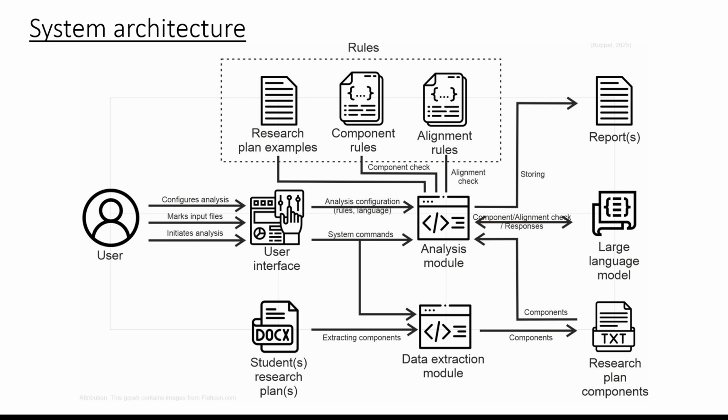Here the user can customize these components to reflect the specific needs of the research plan, and this could include adding or removing components based on the focus of the research. The user can also provide examples of well-constructed research plans for that domain. So this would serve as a baseline for evaluation.